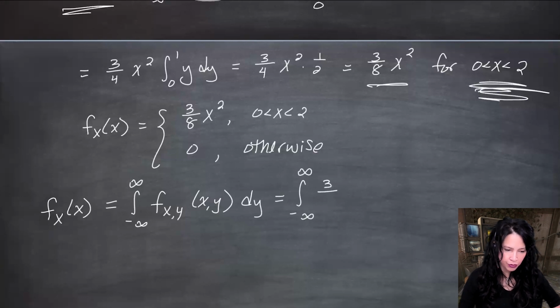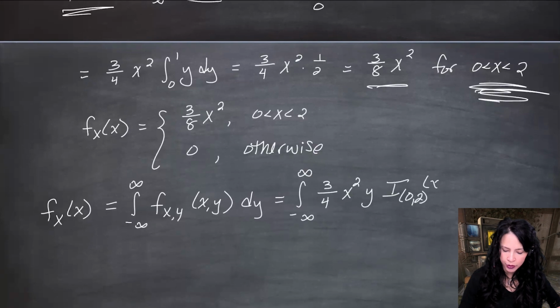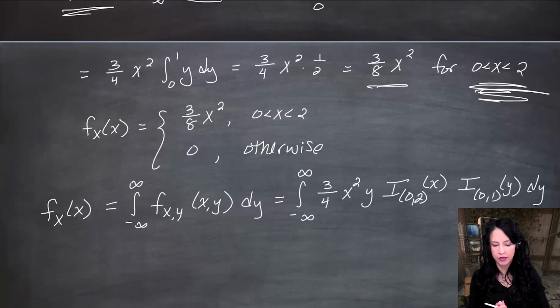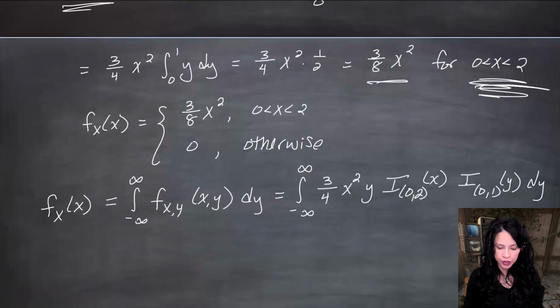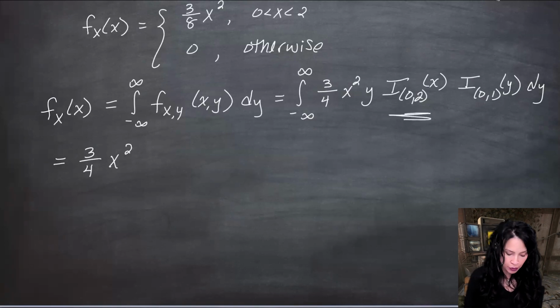This is 3/4 x squared y, an indicator that says that x is between 0 and 2, and that y is between 0 and 1. And then we're going to integrate out the y. So the first thing I'm going to do is pull out all the constants with respect to y. I can take out the 3/4, I could take out the x squared, and in fact, this indicator does not depend on y. So I can pull out that entire function, the indicator, on the interval from 0 to 2 of x.